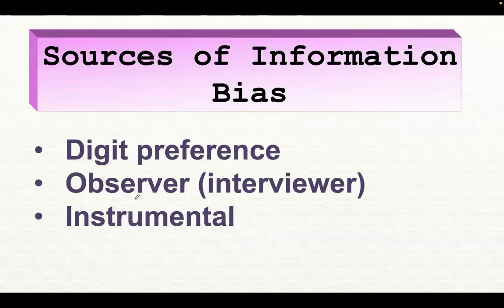Next, sources of information bias can still be categorized into digit preference, the observer or the interviewer, and instrumental. Digit preference bias may occur if the study subjects or observers, or what we call interviewers, prefer certain numbers differently, leading to differences in rounding up measurements. The observer or interviewer bias results from systematic differences in repeated measurements from the same observer, or intra-observer, or inconsistencies attributed to differences in the way applied by different observers.